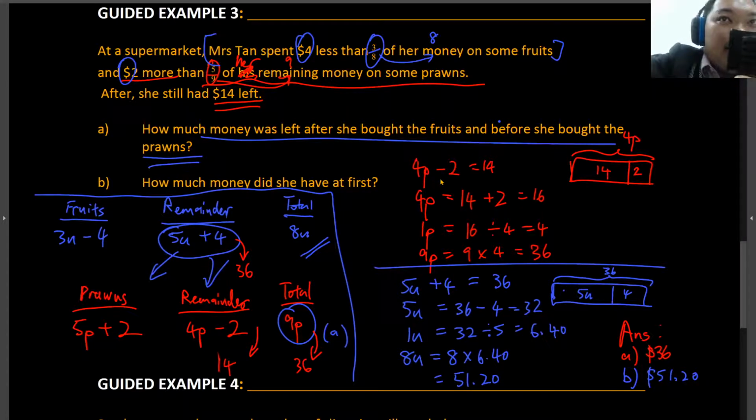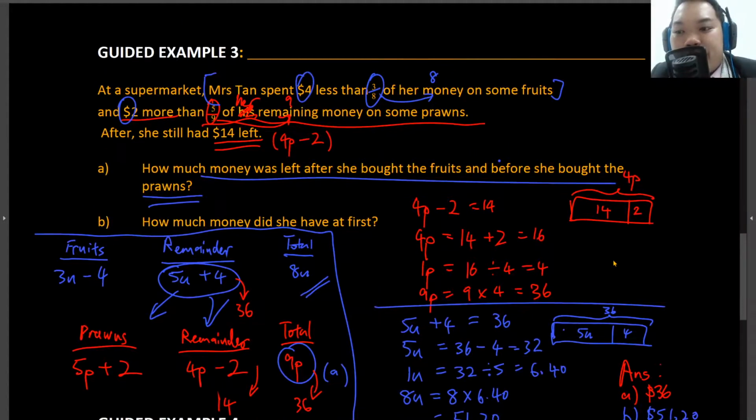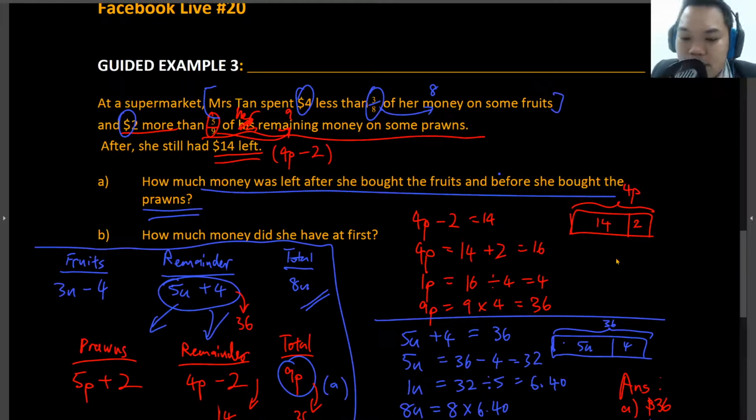Okay, good job, Jezreel. Yunqi, how did you get 36? 4 parts minus 2. Is this $14 remaining? Do you see that? And then Yunqi is also asking, how did you know that 5u plus 4 is 36? You have to go back to the model itself already.